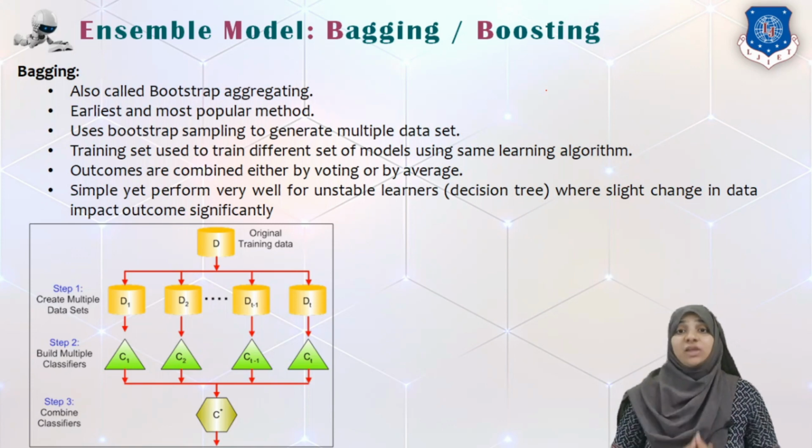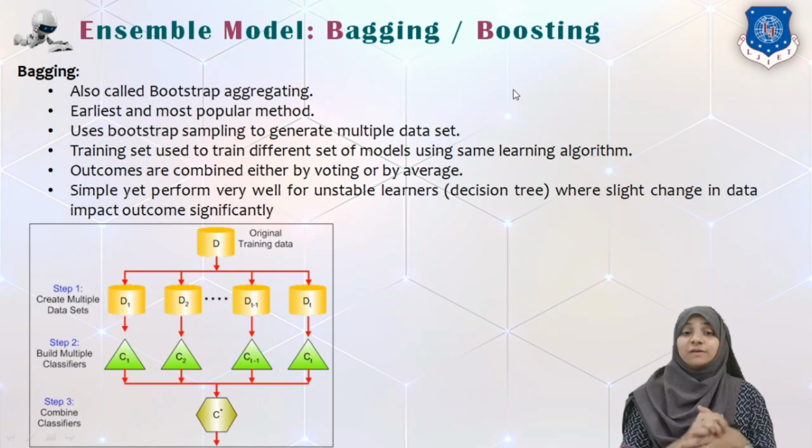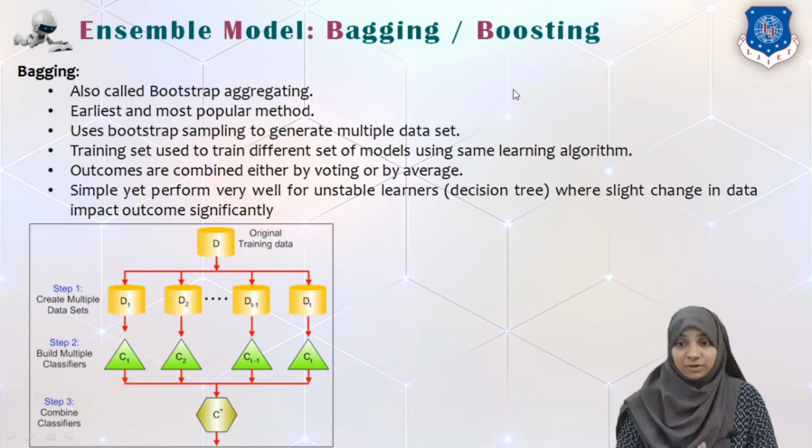The method it uses for dataset generation is bootstrap sampling, which is nothing but random selection with sampling with replacement. Using bootstrap sampling, we generate diverse data sets from one complete training set, and these data sets are used to train different models using the same learning algorithm.